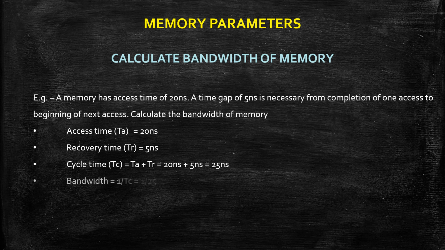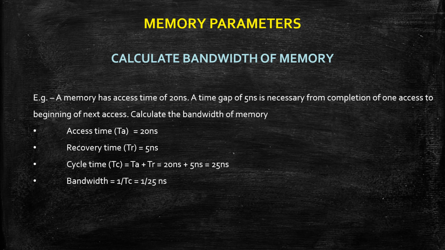Now the formula for the bandwidth is 1 upon Tc, and here we got the cycle time 25, so 1 upon 25 nanoseconds. But we know that bandwidth cannot have the unit ns, we need to convert it into megahertz, right?